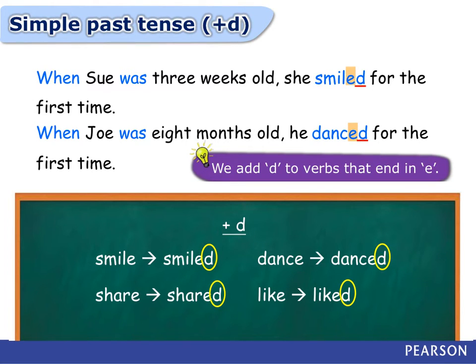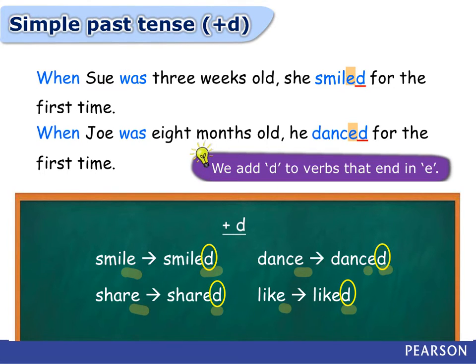And if the verb ends with e, sometimes we can just add d to form the past tense because we have e already, like smiled, danced, shared, liked. With these verbs that end with e, you can simply add d.